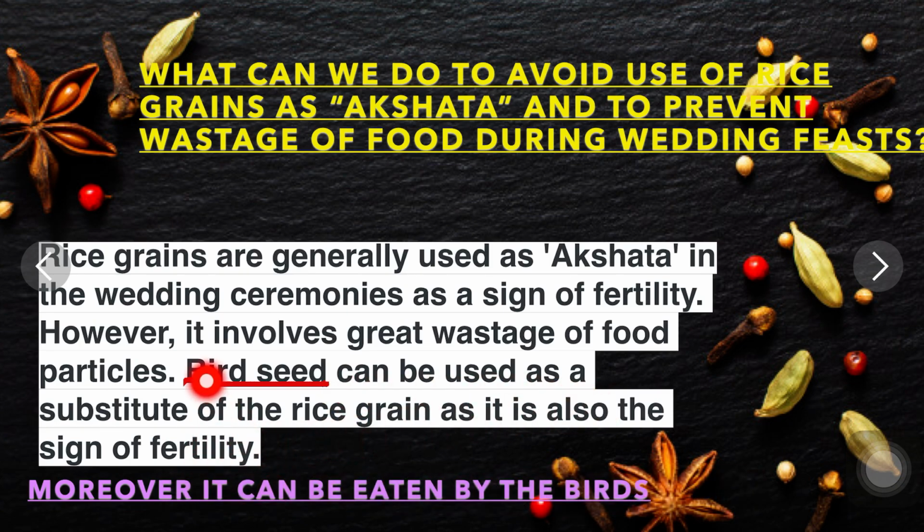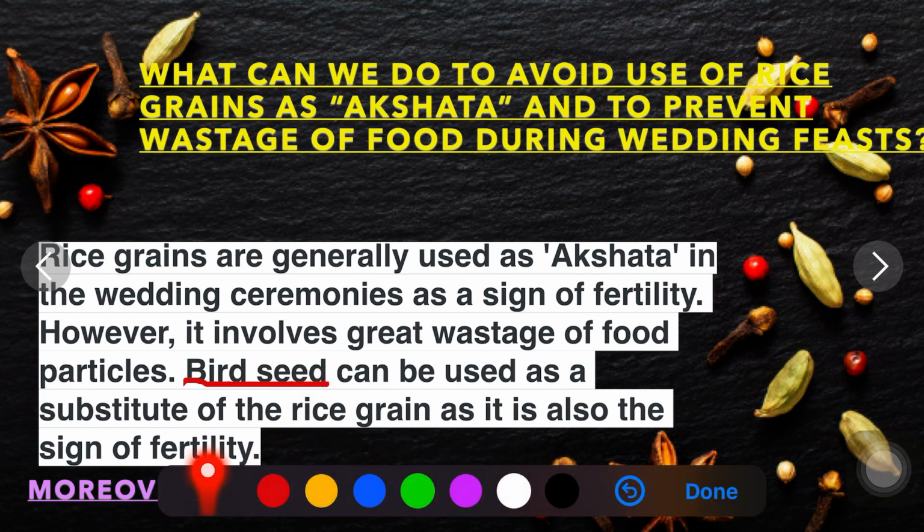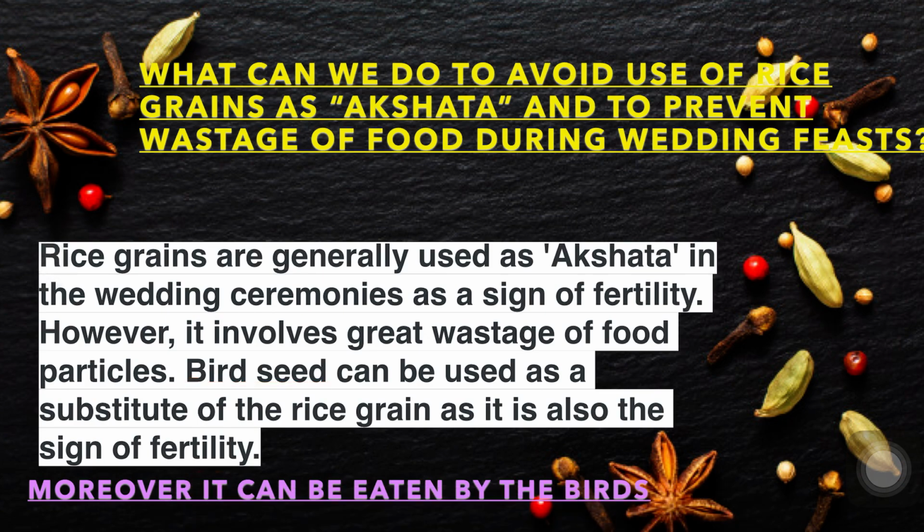You can just purchase bird food, which is also one kind of crop. So there will be no wastage of food, moreover it can be eaten by the birds. Even birds will get their hunger satisfied.